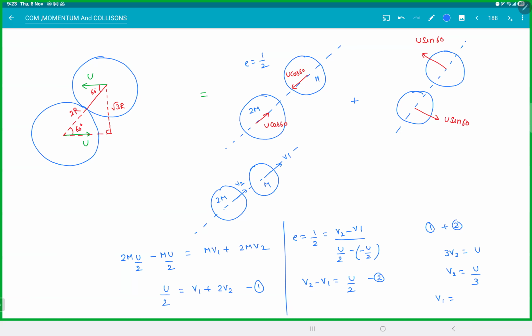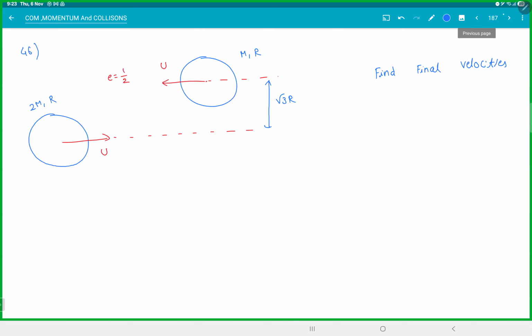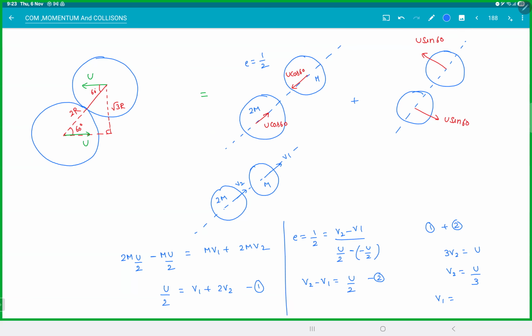E is equal to half only, right? E is equal to half. V2 minus V1 by U1 is U cos 60 minus of minus U by 2. Well, I think the V2 minus V1 is supposed to be minus U by 2. Yeah, V2 minus V1 you're saying? Yeah, I think so. That's what I got. No, I took this as 2, this is 1.